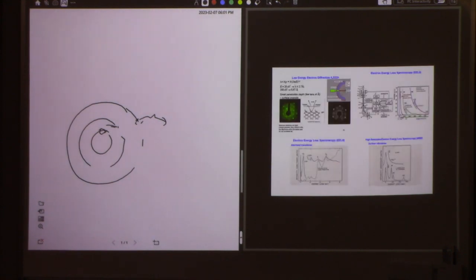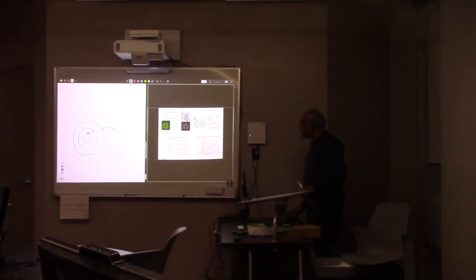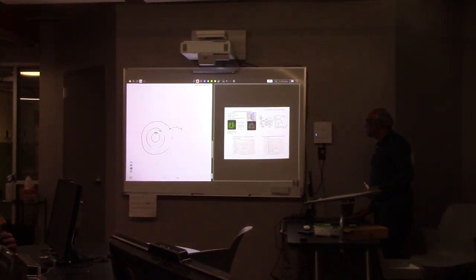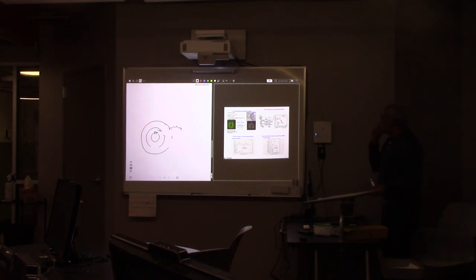Okay, then I think we talked about X-ray and electron diffraction and electron spectroscopy. Basically, electron means we have this de Broglie wavelength, right? That's why we have these diffraction properties. From here, by measuring the distance between these spots, you can get the crystal structure.